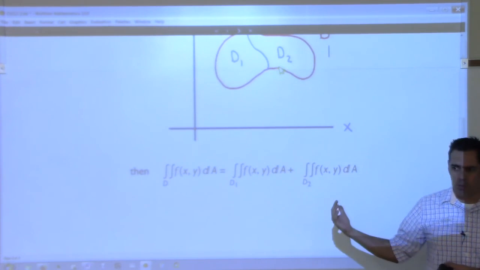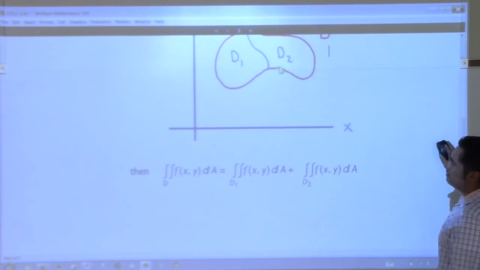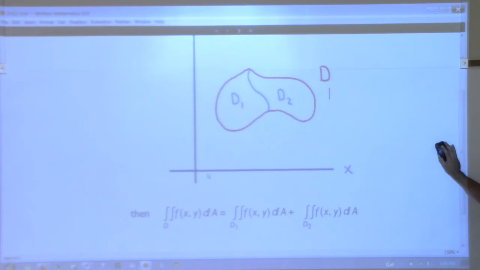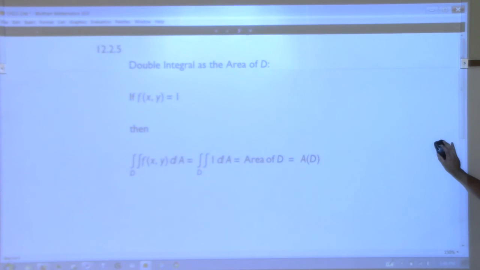Does it make sense that it would work that way? Okay, that's just a property, and you don't have to guess as to whether or not that's true. There's a proof for it that if D is the union of two regions, then the double integral is just the sum of the two double integrals over D1 and D2 respectively.